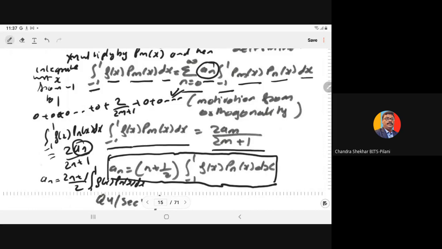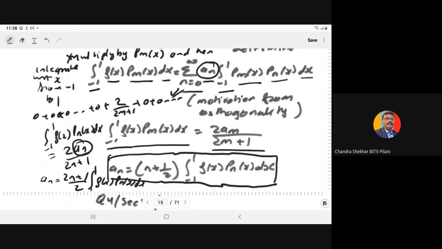So what we have taken is f(x) equal to summation from 0 to infinity an Pn, where each constant or coefficient an can be computed as (n plus 1/2) integral minus 1 to 1 f(x) Pn(x) dx.